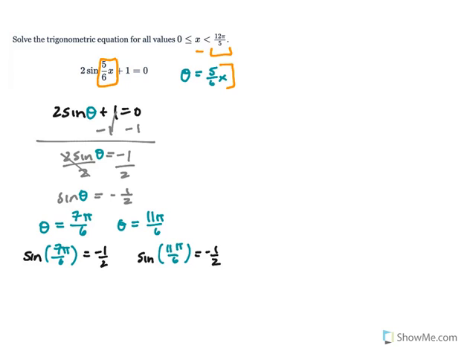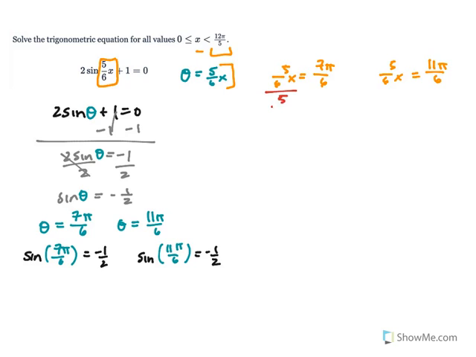But we want to see what value of x does this give us. So 5 over 6x times what will give us 7 pi over 6, and 5/6x times what will give us 11 pi over 6. And here we're just going to want to simply solve for x.